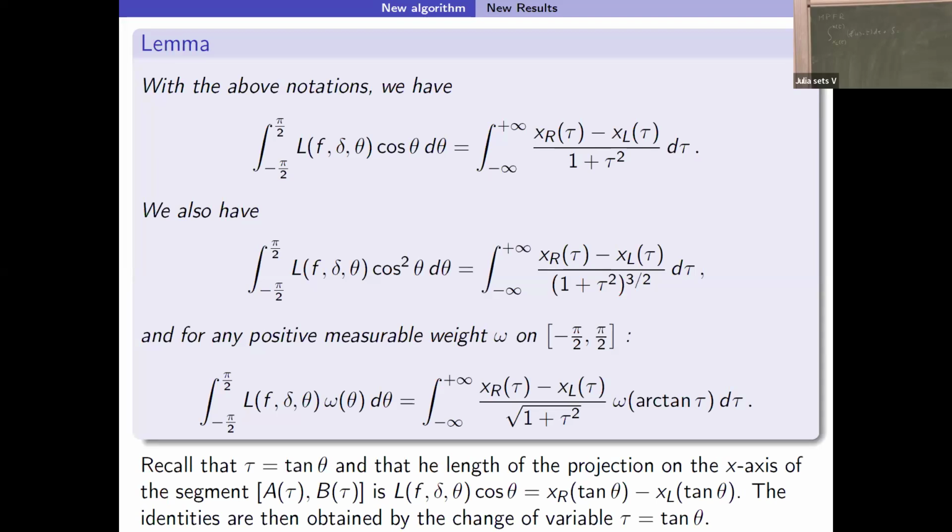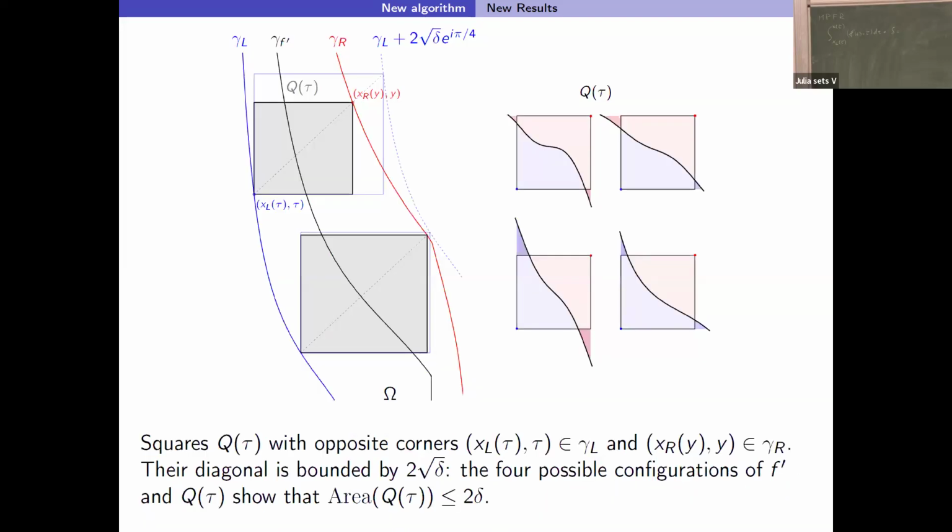Let me skip this for a moment. So if I take a point on this left curve, if I go to the graph of f prime, even higher, I will have area delta here. Then I go on the diagonal of some square until I hit the other curve. Now going from this curve to the graph of f prime down to here, I have area delta.